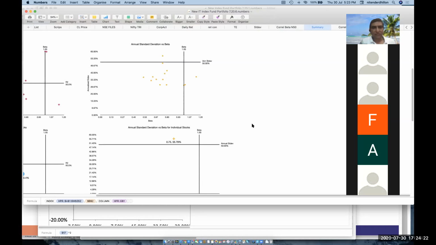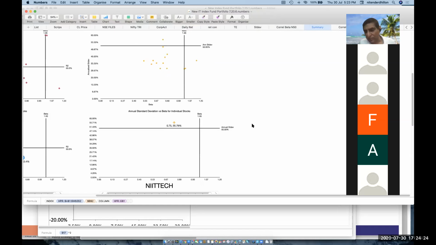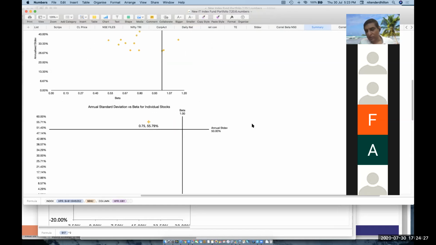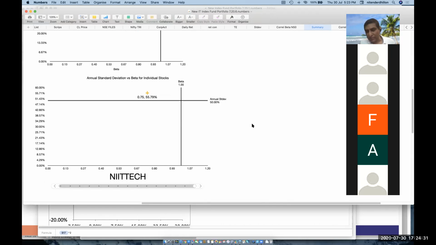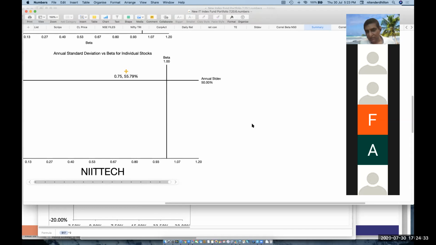So when we say, let's say, beta for SBI is 1.23 or beta for IndusInd Bank is 1.66, it means that if the index goes up by 10% on a certain date, we can expect IndusInd Bank to go up by how much? 16.6%, 1.6 times.